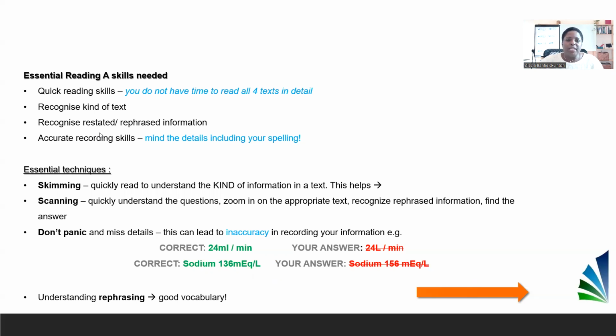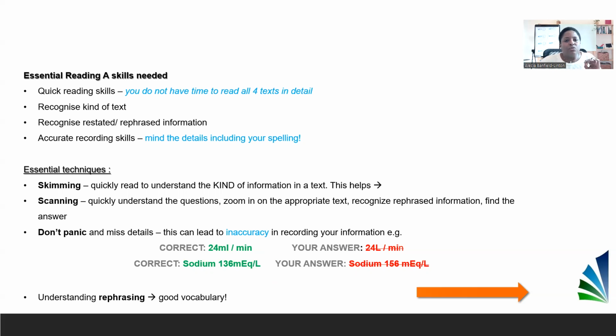You've also got to be able to recognize restated or rephrased information. So you see some language in the text, you see something in the questions that are in different words, but you realize that these words mean the same as these words. So you've got to have a pretty good vocabulary and understanding of idioms as well.